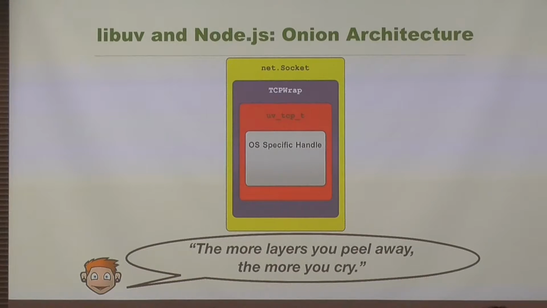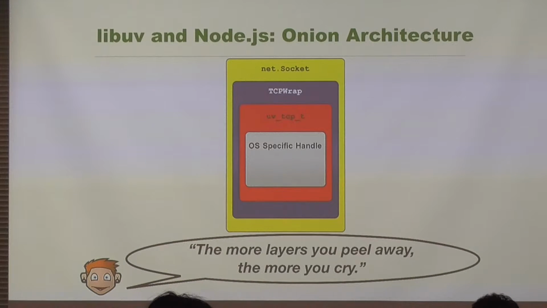So Saul is back at the bottom of the slide to talk about the onion architecture. The more layers that you peel away, the more you cry. And that's a pretty accurate description of some of the data structures inside of Node.js. If you've used net.socket, it has a streaming API. It's pretty easy to work with.